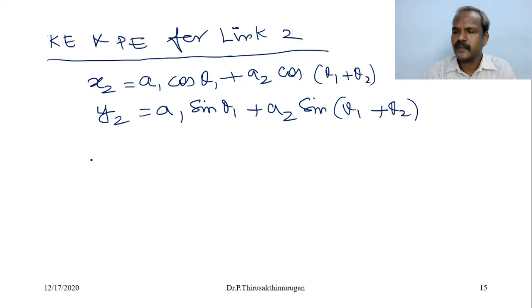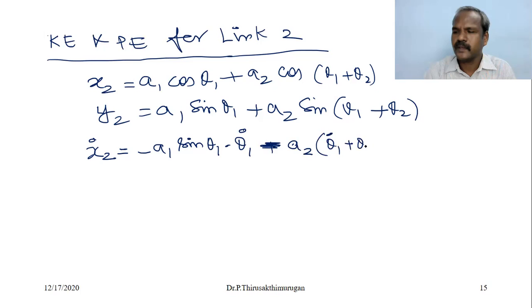So now we differentiate this equation. It becomes x2 dot equal to minus a1 sin theta 1 into theta 1 dot plus minus a2 theta 1 dot plus theta 2 dot sin theta 1 plus theta 2.